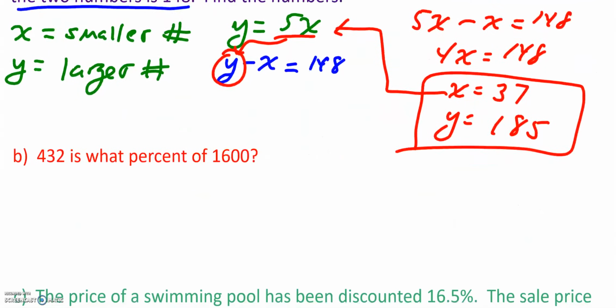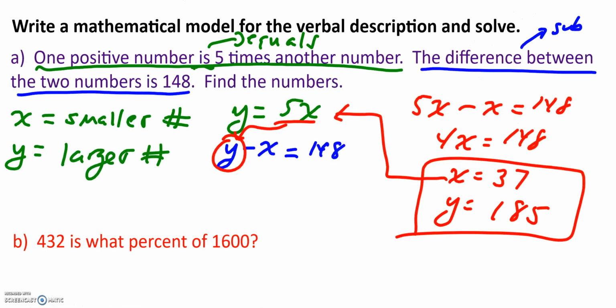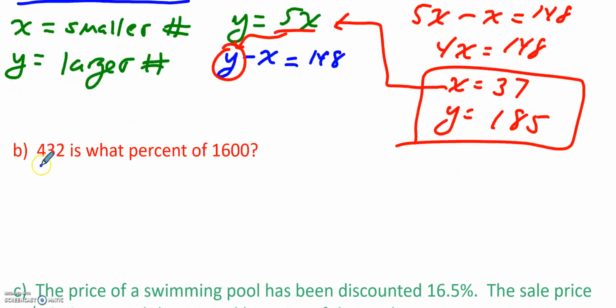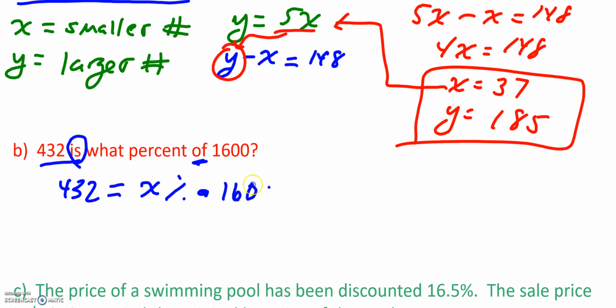Next one. 432 is, so if I'm going to write this as an equation, 432 equals what percent, I don't know the percent, times 1600. If my goal is to get the percent by itself, I'm going to divide both sides by 1600.